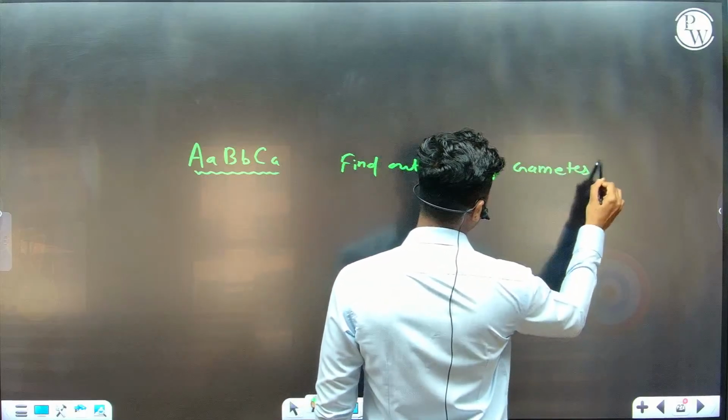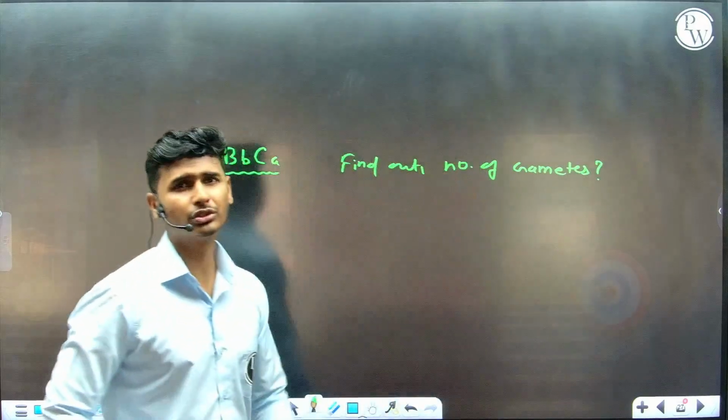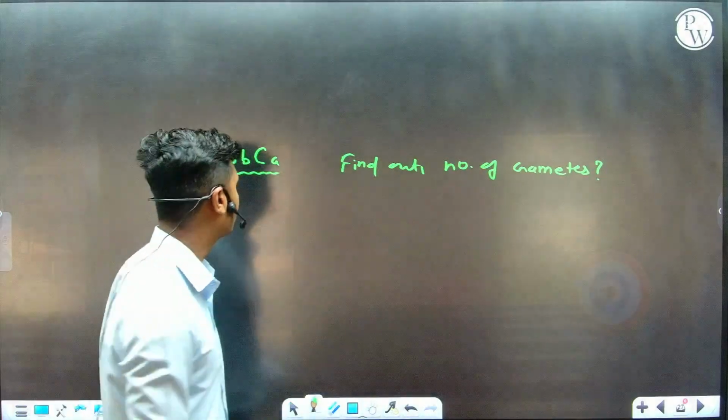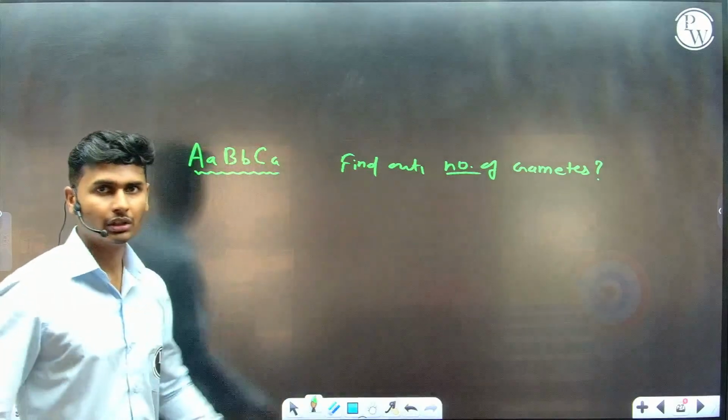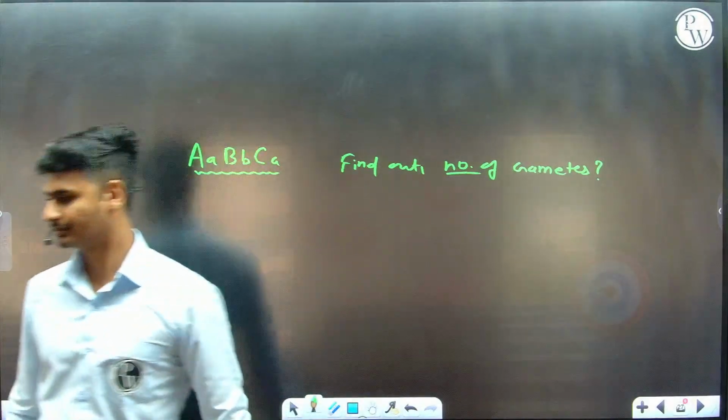I am not asking about the type of gamete. You don't have to do the fork line method. I am asking the number of gametes. 30 seconds only.